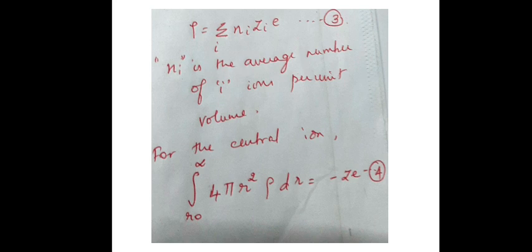So rho is equal to sigma i Ni Zie, where Ni is the average number of i ions per unit volume.